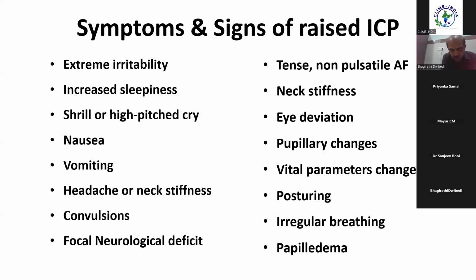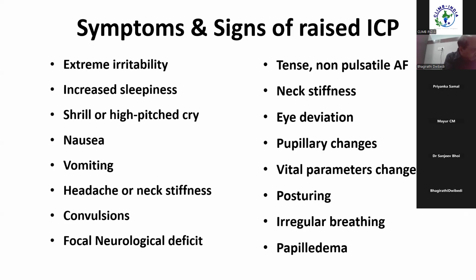I will skip this also because everybody knows the features of raised ICP, but sometimes in case of small children, we may get little differences. We can get some subtle signs. We may not get very florid pictures of raised ICP, but we have to have a stronger suspicion to say that there is some degree of raised ICP. It can include extreme irritability or excessive crying, not consolable cry, increased sleepiness.